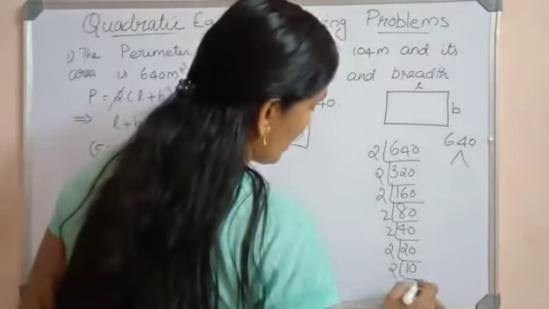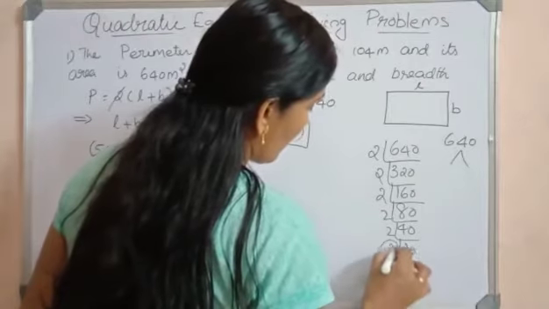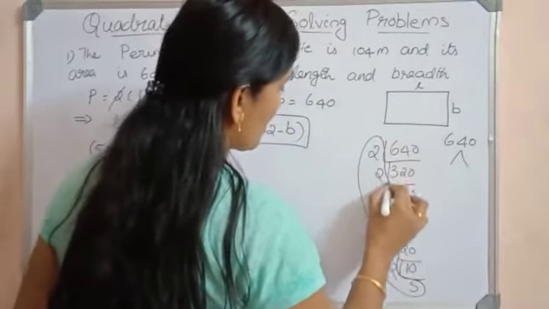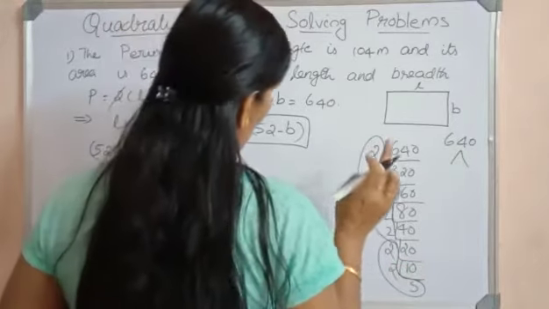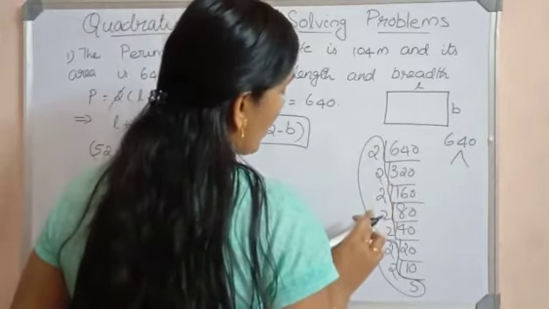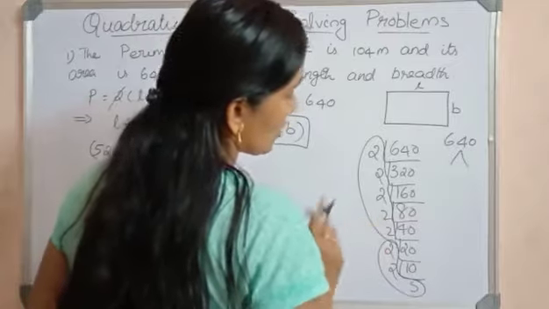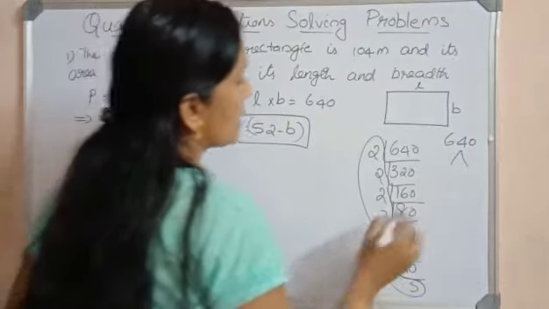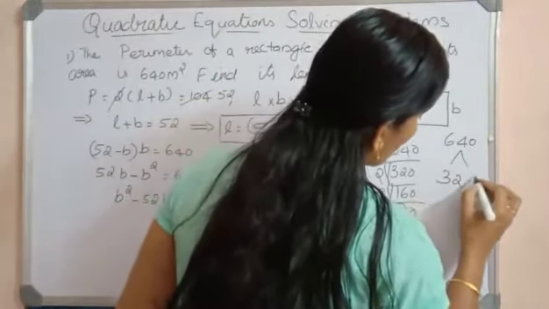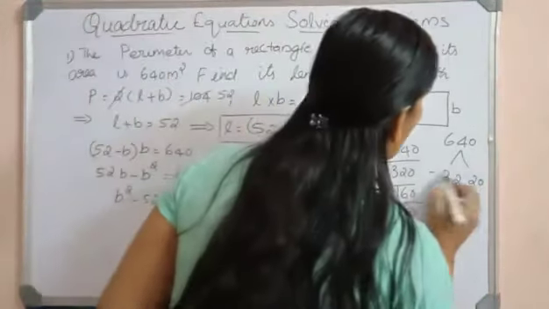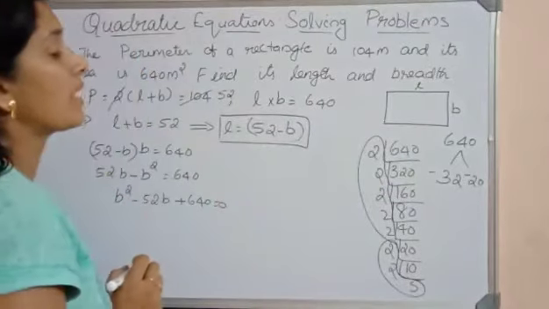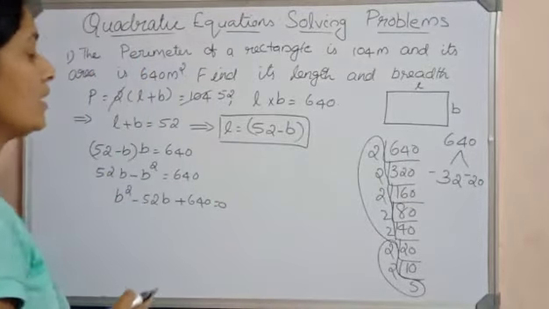So if you consider 5 4s are 20 and this is 32. 2 2s are 4, 4 2s are 8, 8 2s are 16, 16 2s are 32. When you consider these two, one is 32 and one is 20. When you are adding these two, you will get 52. So both the numbers are negative. We can consider minus 32 and minus 20 as the numbers.